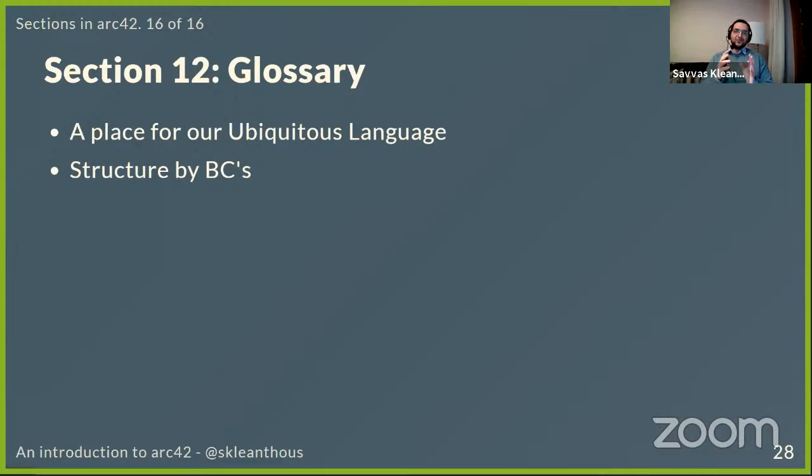Now, in the examples that you will be seeing about arc42, generally you have a table of terms, and it makes sense. I will still suggest that you have a table of the public terms, because very often we have internal language in our components, but there is a public language that different services that depend upon us use.